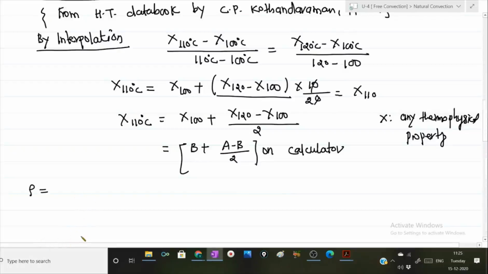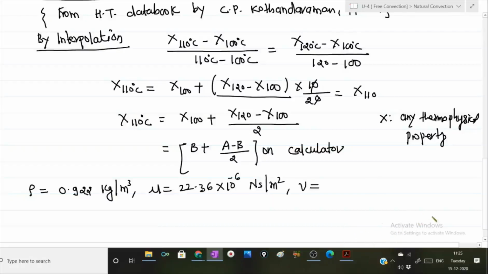So density as 0.922 kg per meter cube, mu as 22.36 into 10 to the power minus 6 Newton second per meter square.